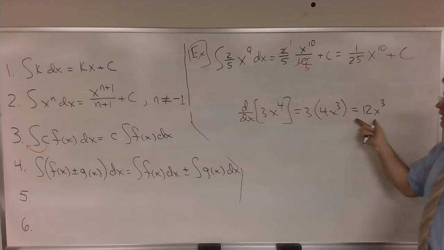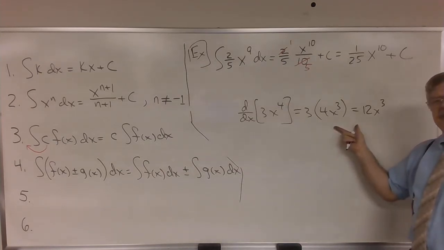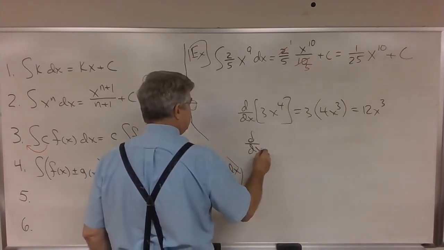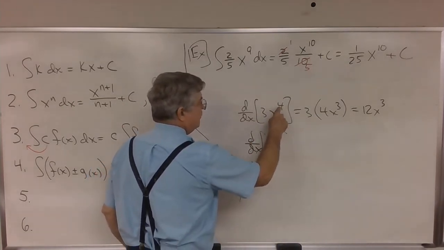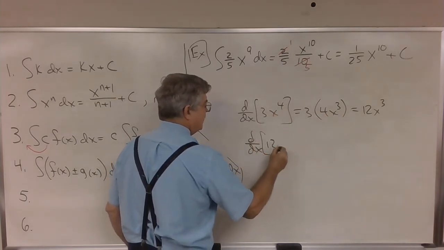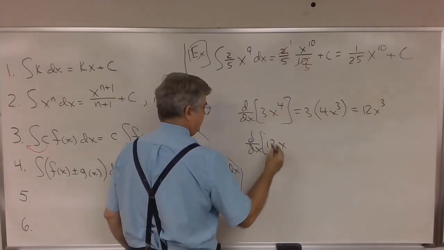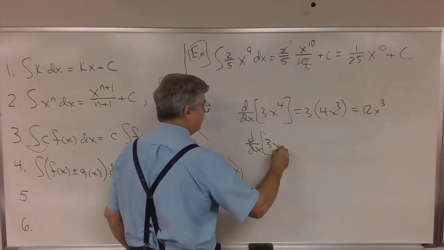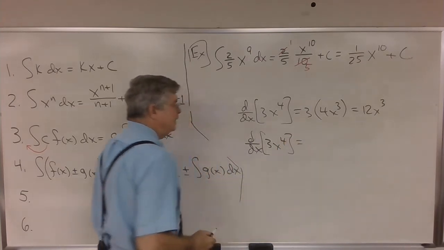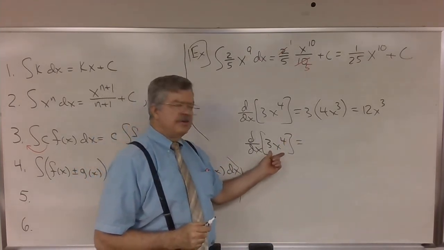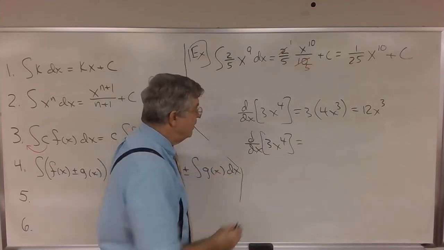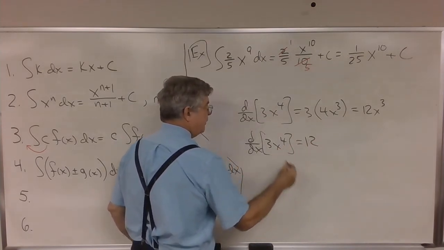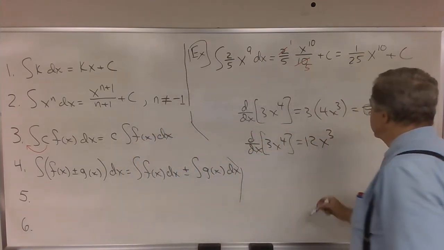But we learned very quickly when we were doing this sort of thing with derivatives that we could turn this into essentially a one-step process. Bring the exponent down and multiply it by the constant, subtract 1 from, let me write the expression down first. We learned that with derivatives we can pretty much do this in one fell swoop. Bring the exponent down and multiply it by the constant, and then subtract 1 from the exponent, and we're done.